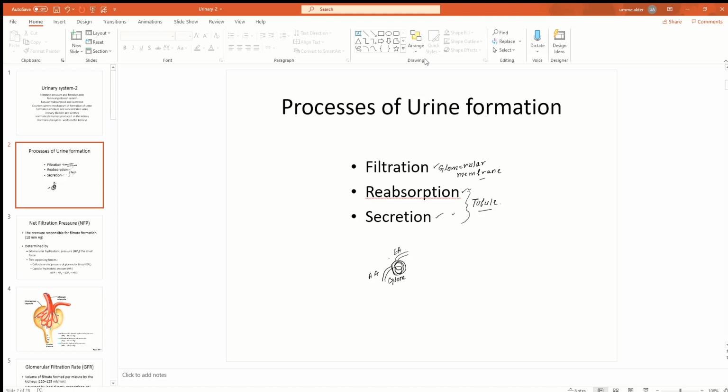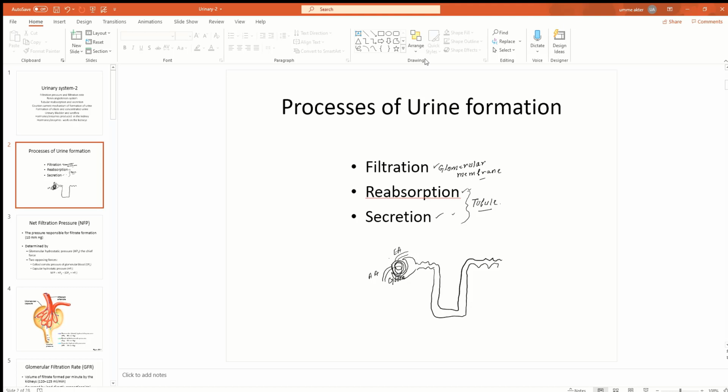Okay, and I also showed you that a cup-shaped first part of the nephron, that is called the Bowman's capsule, that partially encloses the glomerulus. Okay, so that's the Bowman's capsule, then the proximal convoluted tubule, right, and then the loop of Henle, distal convoluted tubule. So those are the parts of a nephron.